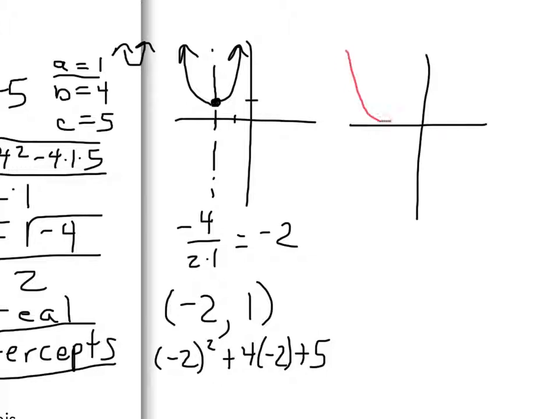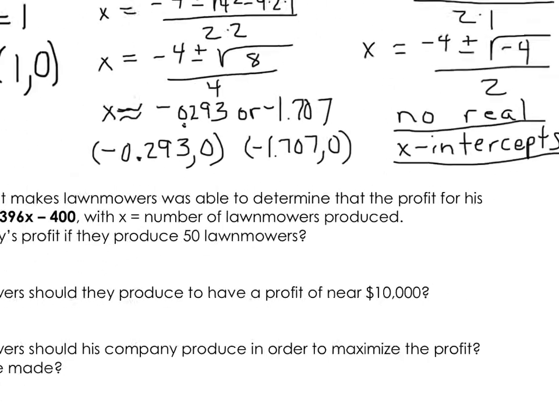A parabola where there's just one x-intercept. Or perhaps a parabola where there is just one x-intercept. Those are two possible parabolas that have one and only one x-intercept. Last example.